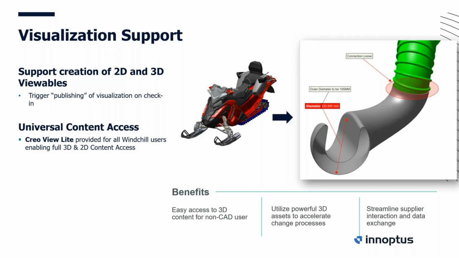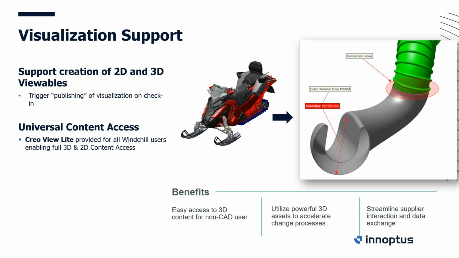You can easily open your visualization in Windchill itself, or download and install the Creo Lite tool. Because within Windchill you can download the Creo Lite tool, and that's for viewing the 2D and 3D files.